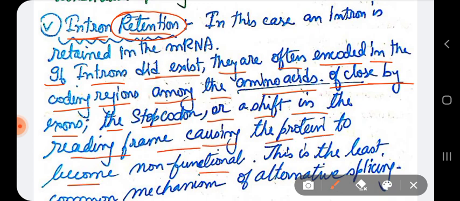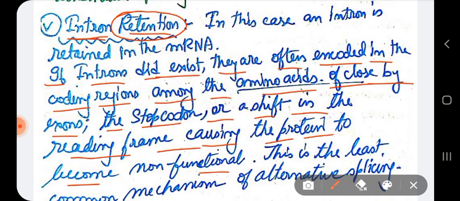to become non-functional. So due to intron retention, as I have said earlier, introns are non-coding portions, they do not code for proteins. So if introns do exist, they are often encoded within the coding regions among the amino acids of the close by exons, and it may code for a stop codon also, or a shift in the open reading frame, which causes the protein to become non-functional.